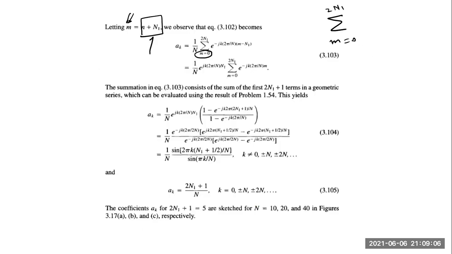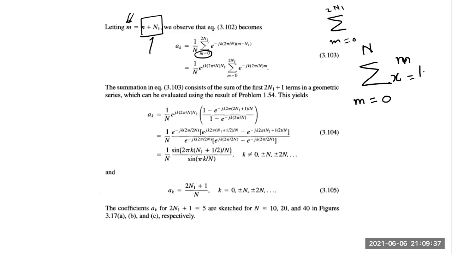And whenever you have this type of result, you can always use a geometric series, which I'm not going into in detail, but you can easily find that if you have something like this. So what is the general result I'm asking you to look at? If you have x raised to the power m, such that m is from 0 to capital N, what does this summation end up as?